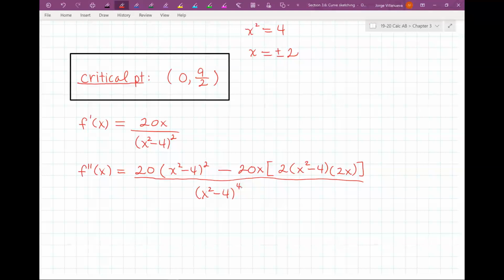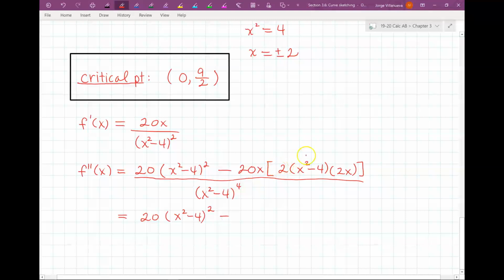Now, I'm going to simplify, but not completely, okay? I'm going to try to do this in a way that's going to allow me to break some stuff down. So I'm going to leave the first term exactly the way it is for now. But the second term, I am going to multiply a couple things.